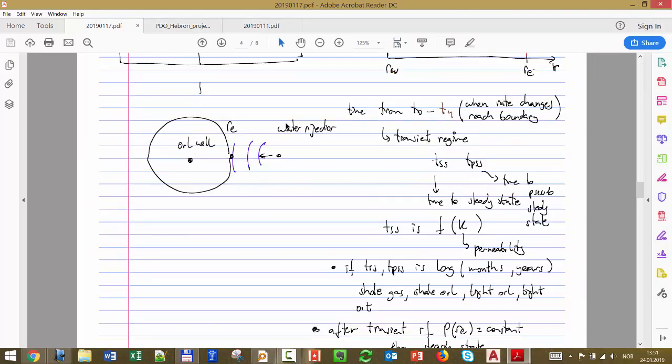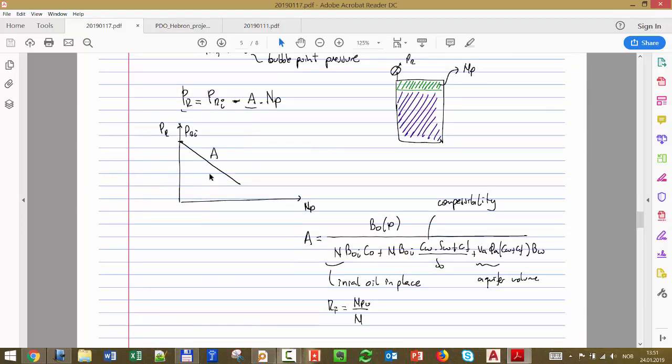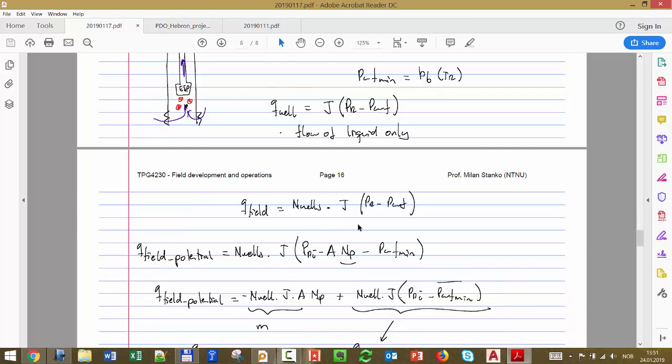We just had some discussion on IPR, but when we talked about oil, we can use a simple linear equation, undersaturated oil. Very simple case, but it was to derive analytically something where we calculate the rate of the field.